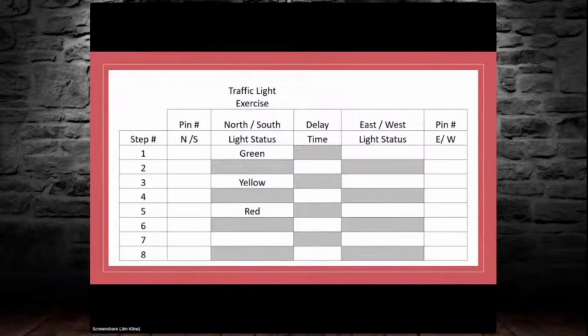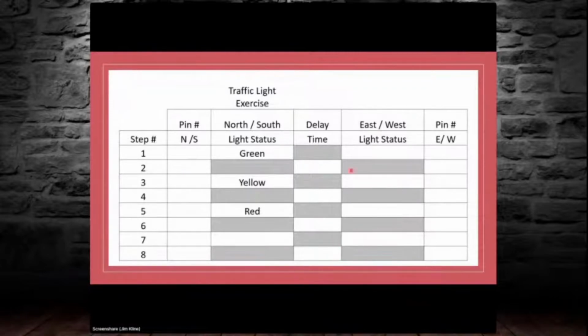The design might also include turn-only arrows as well for each of the four streets. Wow, we've barely even started, and the potential complexity level just rose significantly. As you study the spreadsheet, notice at step 1 that it begins with the north and south streets having a green light. Let me get my laser pointer here.